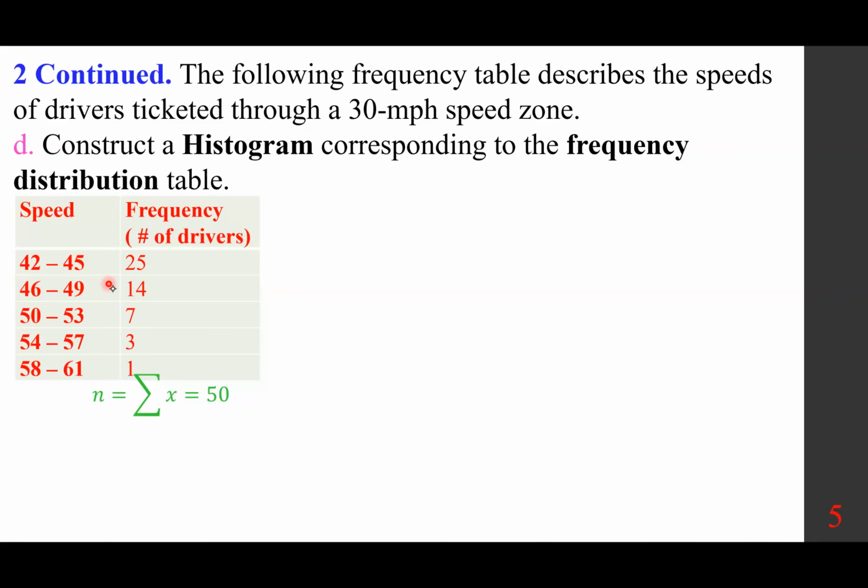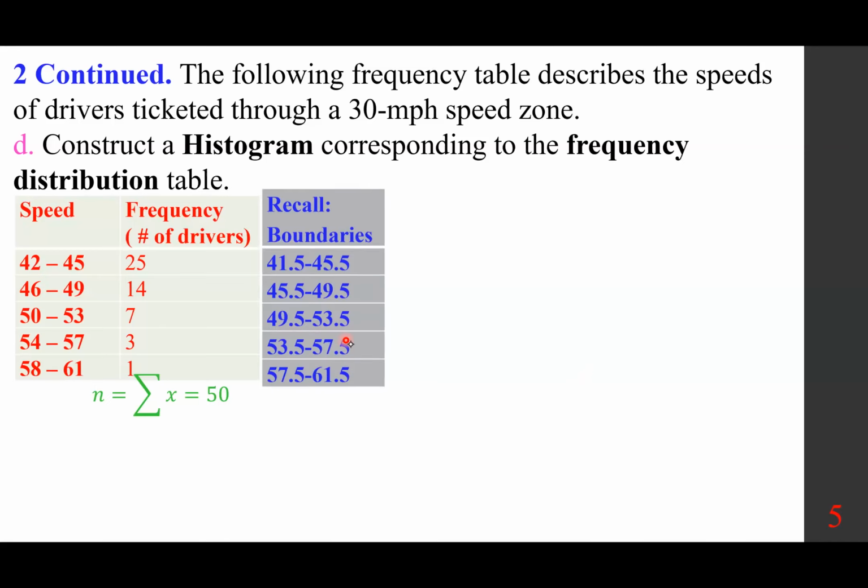when we discussed the concept of an ogive, it's coming up, we always use the boundaries. So you put the boundaries here, and here's the boundaries. So 41.5, 45.5, 49.5, so on.